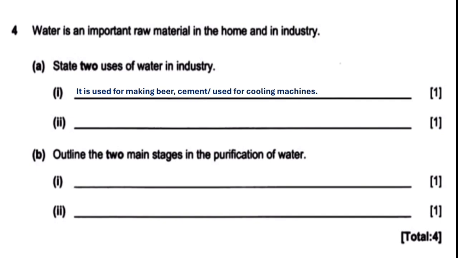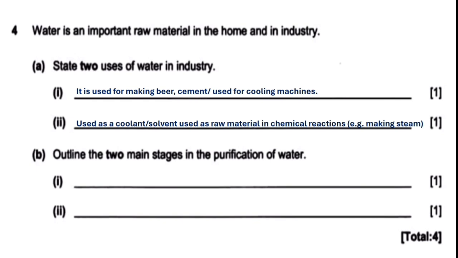Aside from that, you can also say water is used as a what? A coolant or solvent, used as a raw material. So you can just say it is used as a coolant or solvent, or it is also used as a raw material in chemical reactions like making steam.